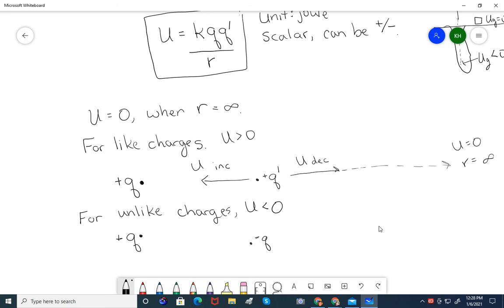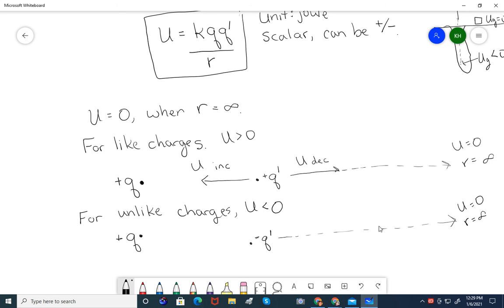So here's a little negative charge I'm going to call Q prime. Notice the formula says if they become infinitely far apart, if we go all the way out here, the potential energy is going to be 0 at infinity. But let's think about what happens.